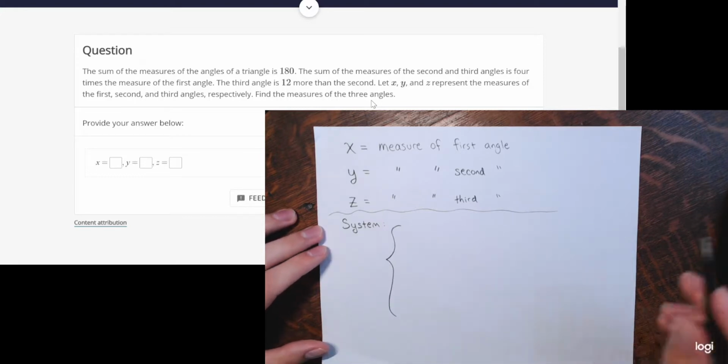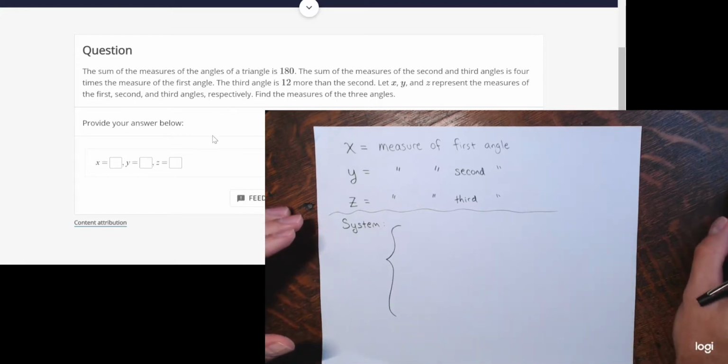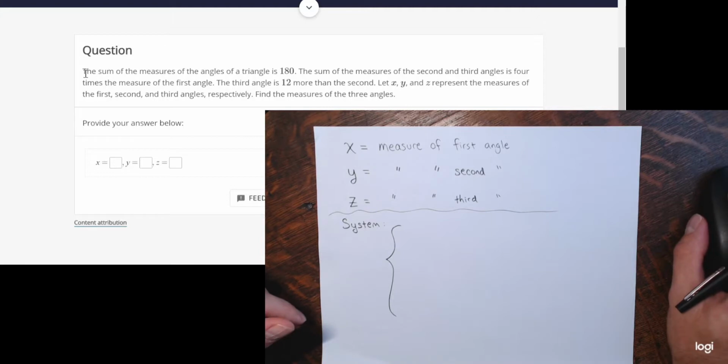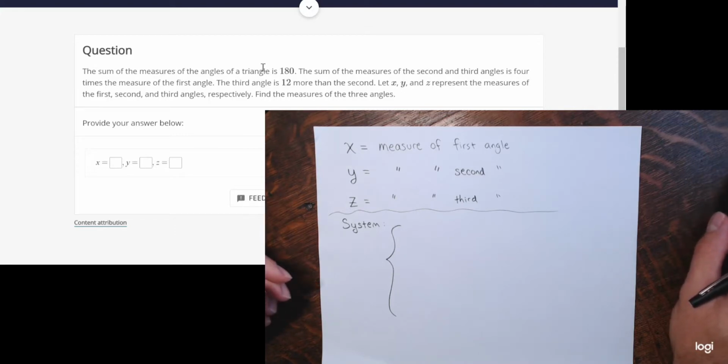So you're looking for key words, and usually the word is, or some verb, is, are, was, were, equals, represents, where the equal sign is going to go. So look at the first sentence again. The sum. Now sum means adding, right? Addition. The sum of the measures of the angles is 180.